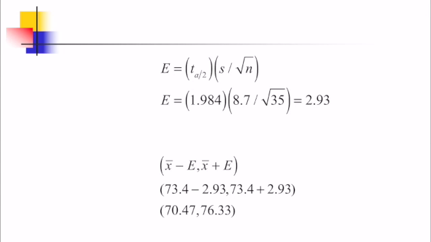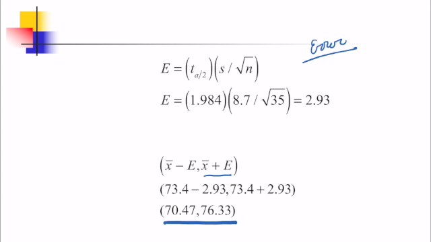So I go ahead and I calculate my error. Remember, our error is our t alpha/2 times our standard deviation over the square root of n. This is how we calculated our error. Then we take our sample mean minus our error and our sample mean plus our error. This gives me an interval of 70.47, 76.33.